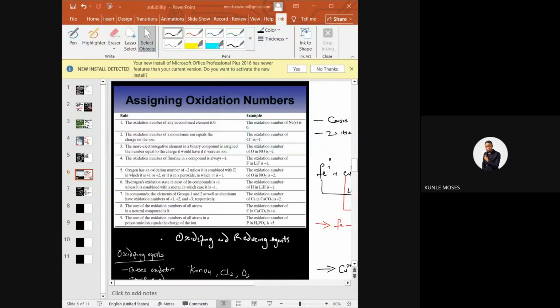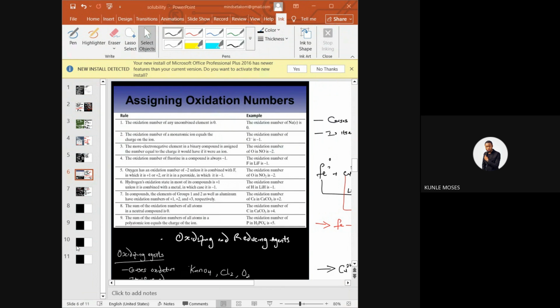But where the question comes most is the sum of oxidation numbers, rules number 8 and 9. The sum of the oxidation numbers of all atoms in a neutral compound is 0. That is a neutral compound. So, for example, if they ask you about sulfuric acid, H2SO4, and ask you to calculate the oxidation number, the total oxidation number is 0.